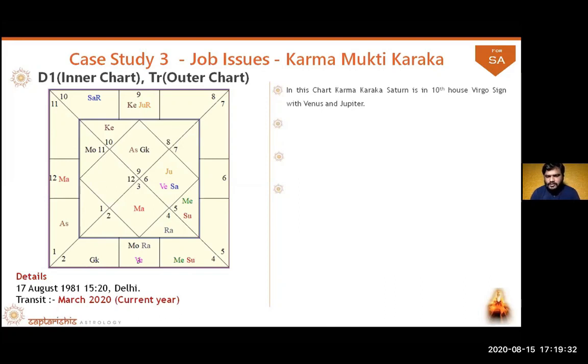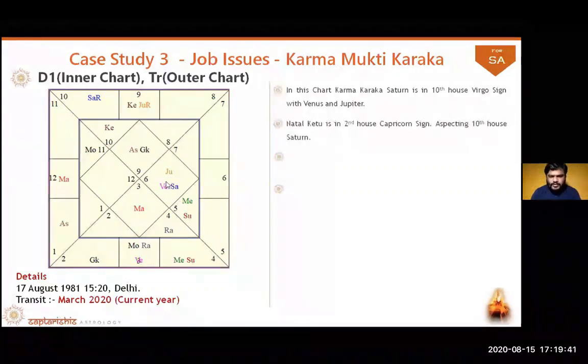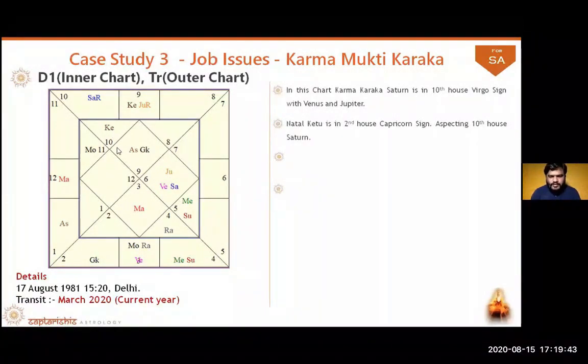In this chart, Karma Karaka Saturn is in the 10th house with Jupiter and Venus in the Virgo sign. Natal Ketu you can see in the second house, Capricorn sign, aspecting the 10th house from its ninth aspect.